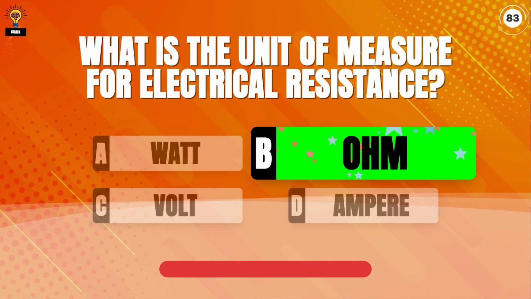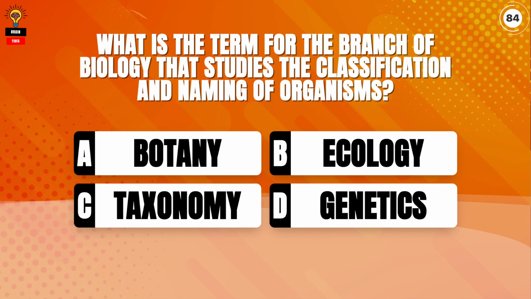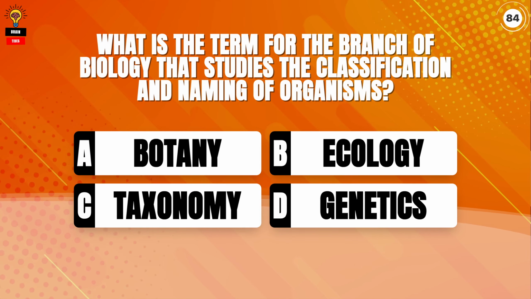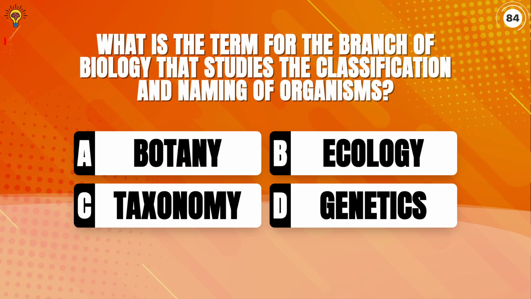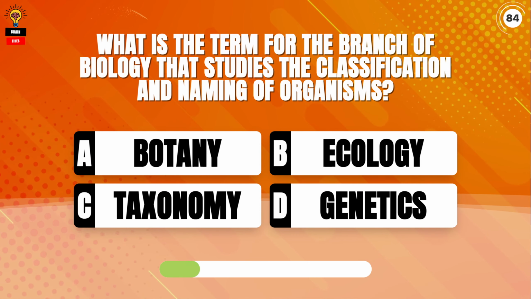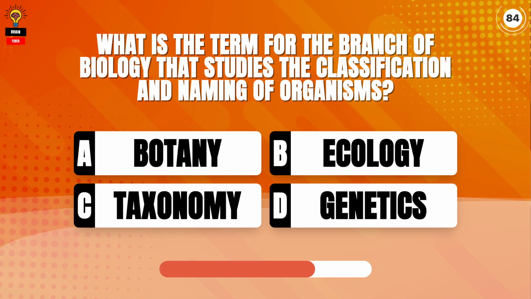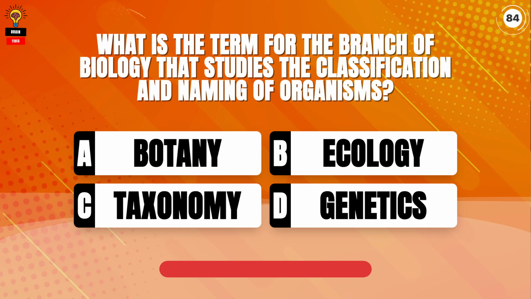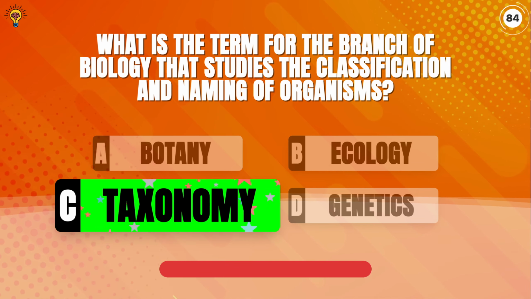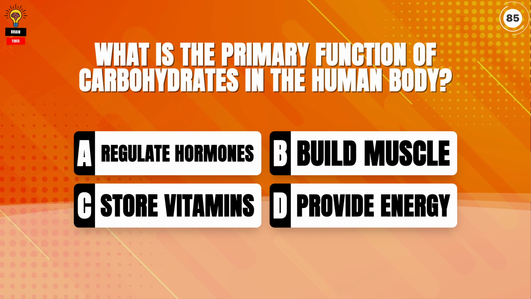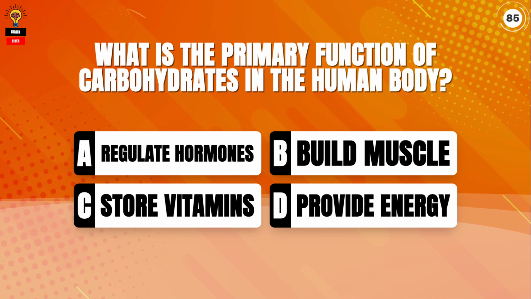What is the unit of measure for electrical resistance? Ohm. What is the term for the branch of biology that studies the classification and naming of organisms? Taxonomy. What is the primary function of carbohydrates in the human body?